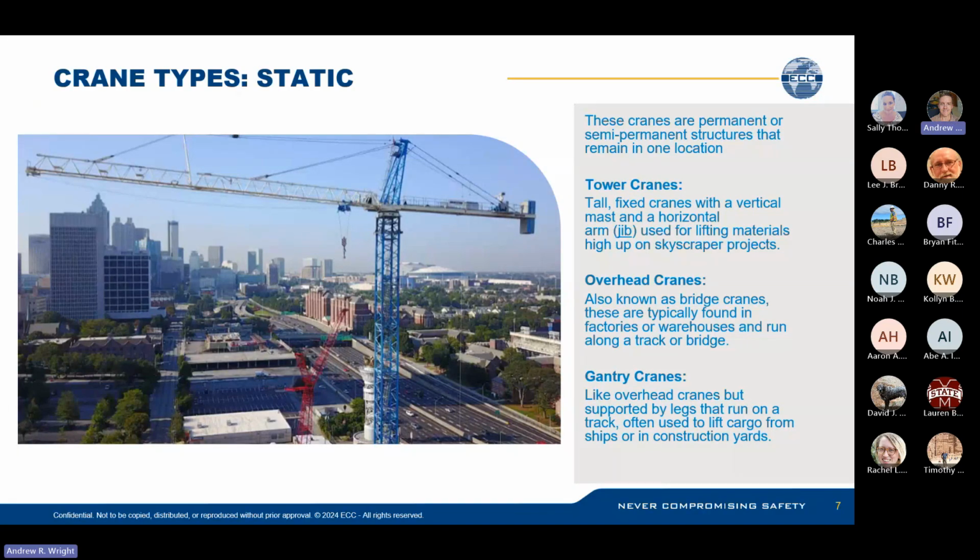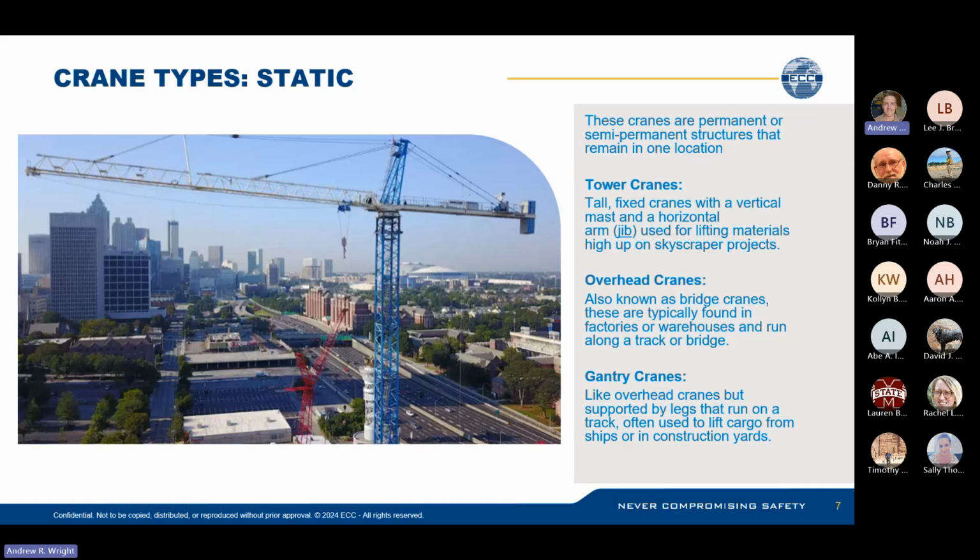So static cranes. These cranes are permanent or semi-permanent structures that remain in one location. The example shown in the picture is a tower crane. These are tall, fixed cranes with a vertical mast and a horizontal arm or jib used for lifting materials high up on skyscraper projects.